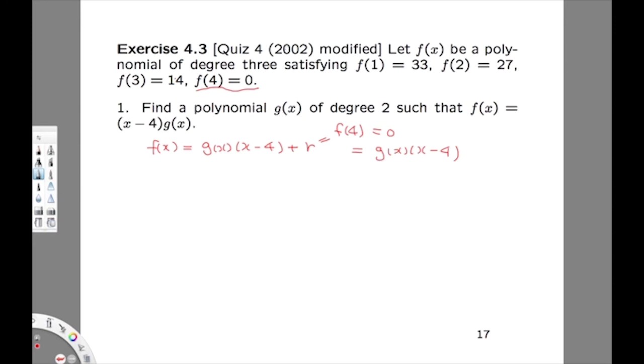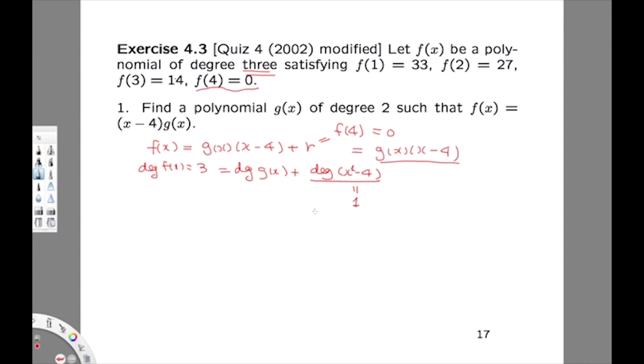And it said that f of x is a polynomial of degree 3. So this is degree 3, and this is the product of two polynomials. So this is equal to the degree of g of x plus the degree of x minus 4, by the degree formula. But the latter part is equal to 1 because x to the first power appears.